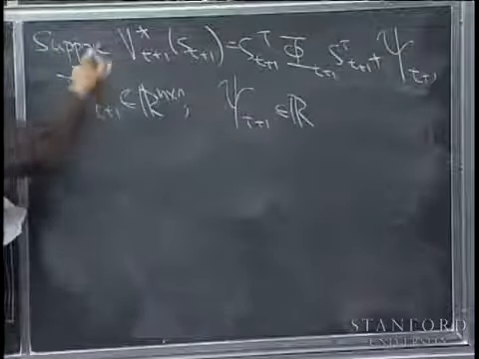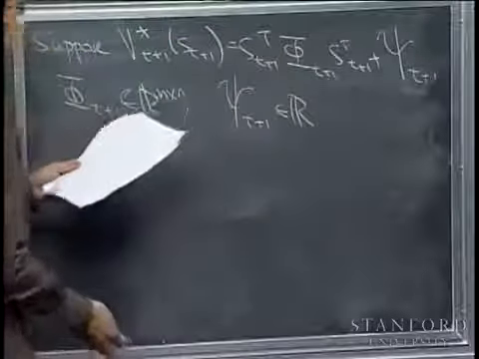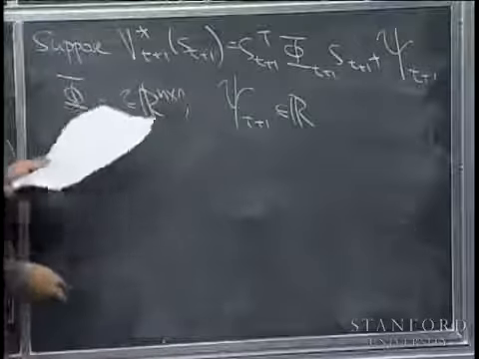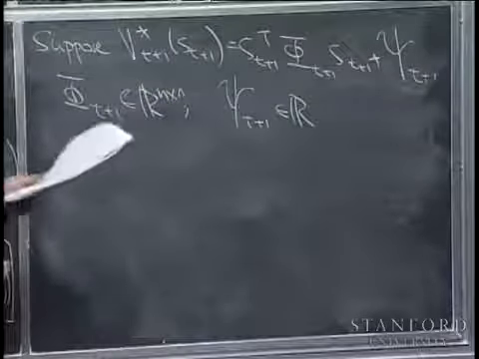So in other words, suppose V star t plus 1 is a quadratic function of the state s_{t+1}.